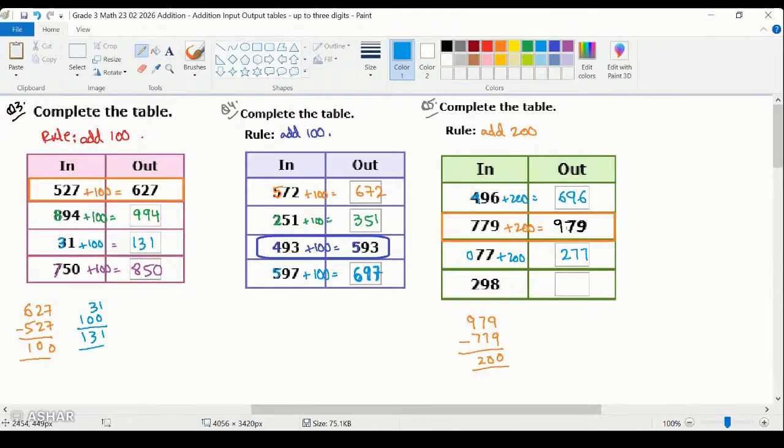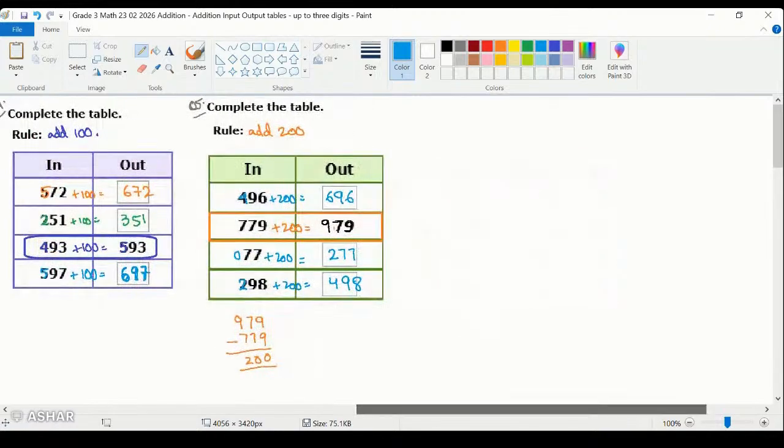And this was 298 plus 200, which would finally come out to be 498. So 277. Yes, perfect. It's being increased by 200. The standard questions were increasing by 100, so they were very simple. So we will try to make different changes.